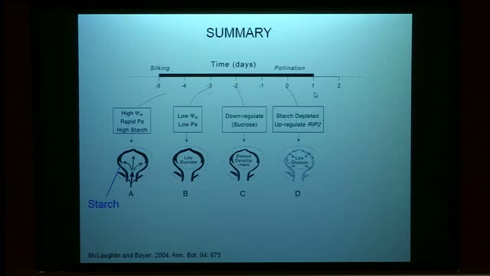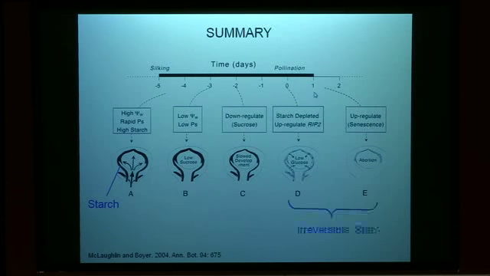We see the disappearance of glucose, disappearance of starch, and now that causes an upregulation of genes of senescence. And as a result, senescence occurs and causes abortion. So we are thinking that these latter steps are probably the causes of irreversibility.